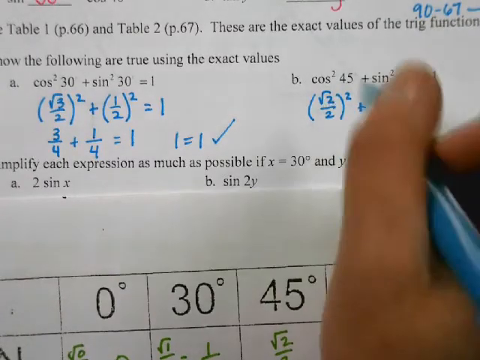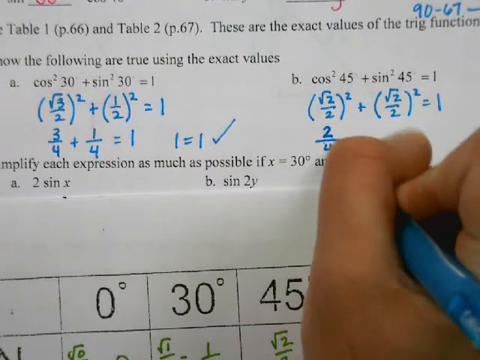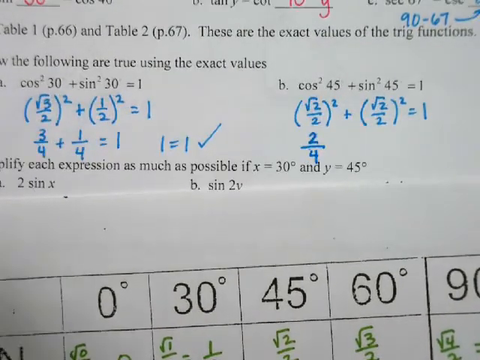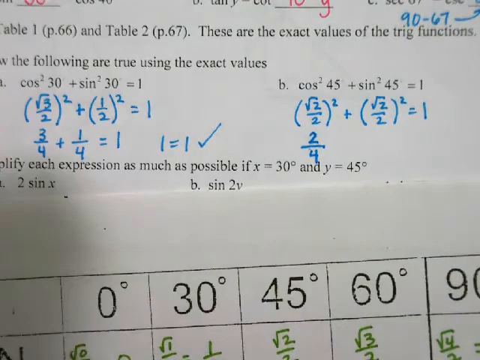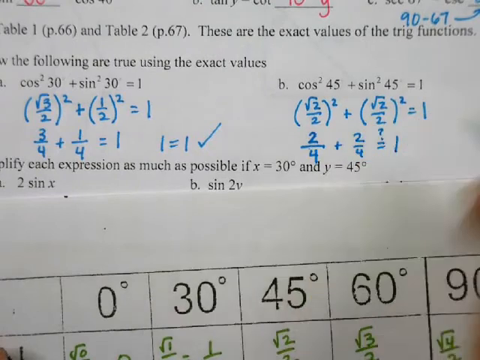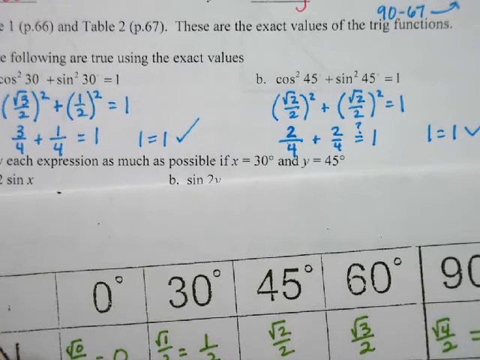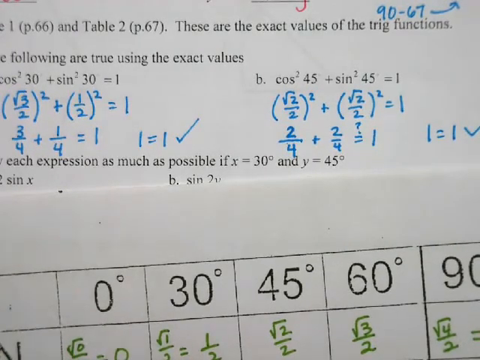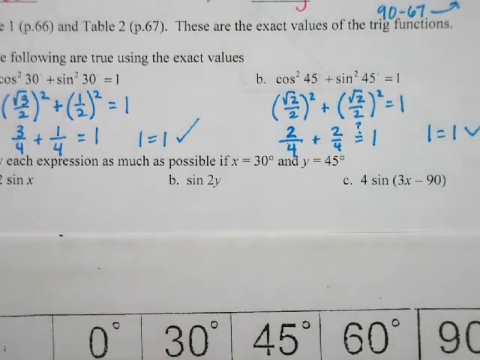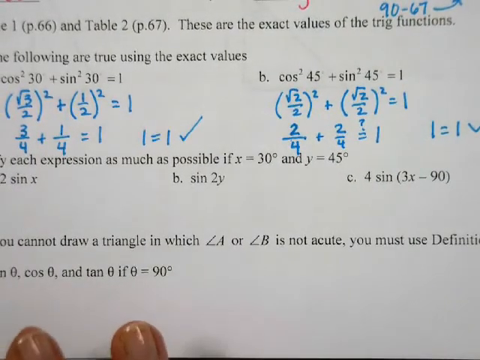So if I square root 2, I get 2/4. So 2/4 plus 2/4. Does that equal 1? Yes, indeed, it does. Okay, questions on any of that? You okay so far?